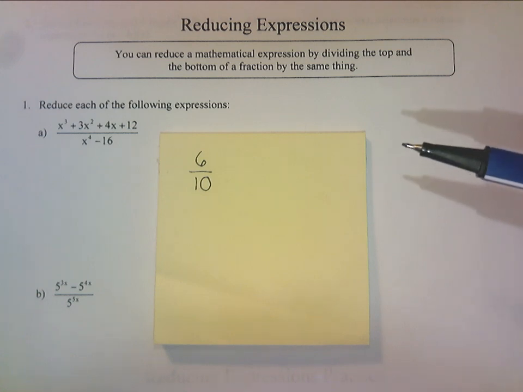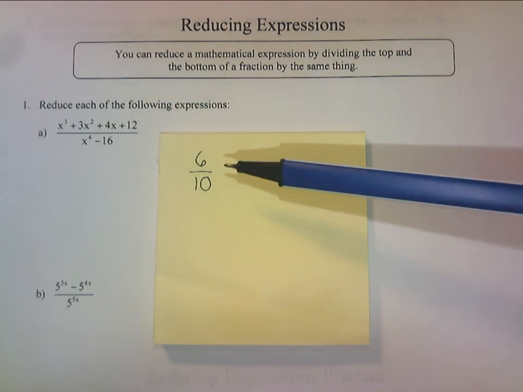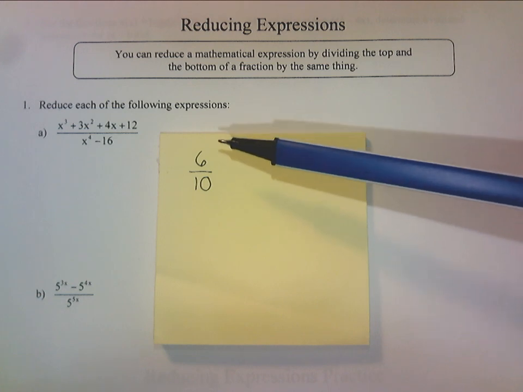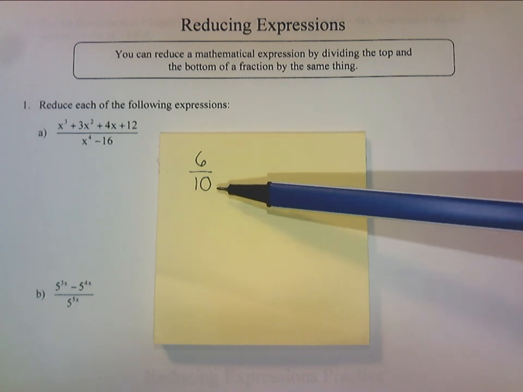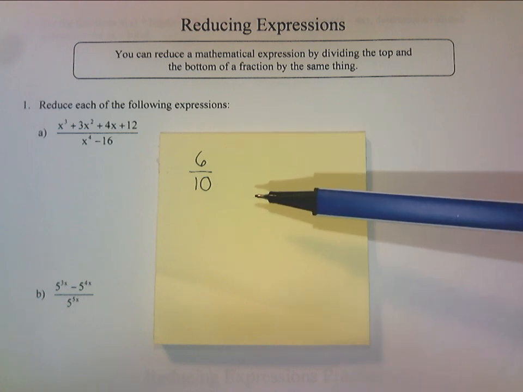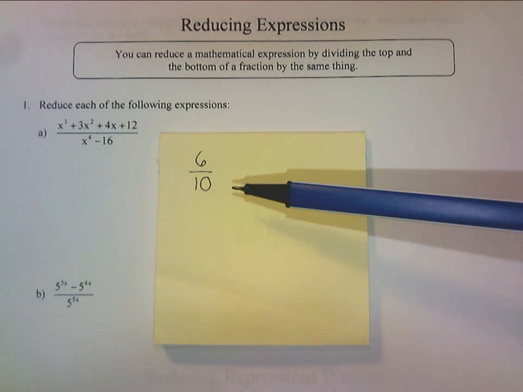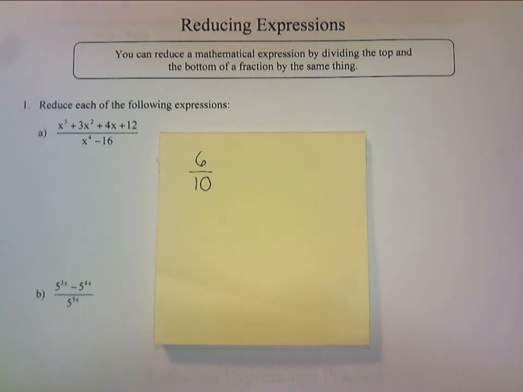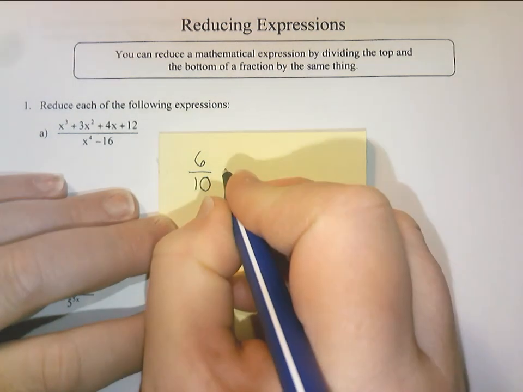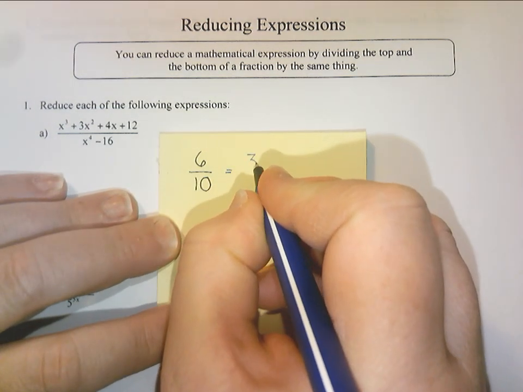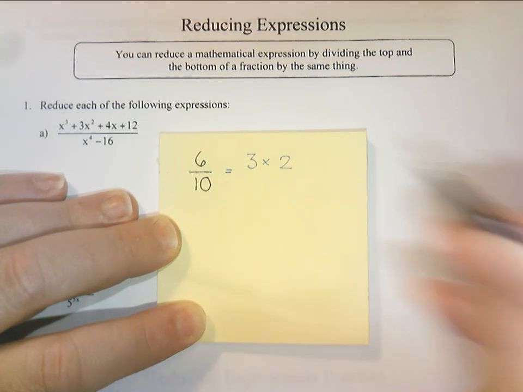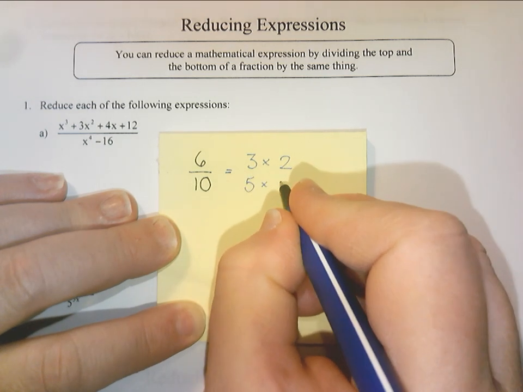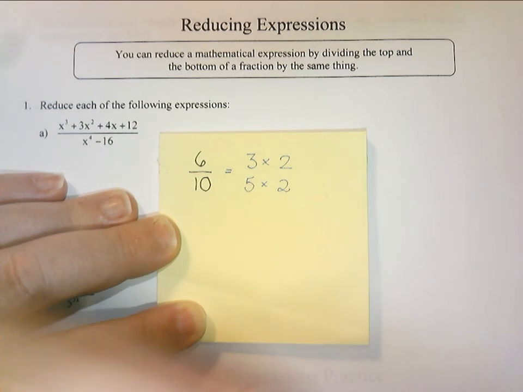Now, before I do that with algebra, we're going to take a look at how to reduce a regular fraction. The fraction 6/10 can be reduced by dividing the top and bottom by what they have in common. So 6 and 10 both divide by the number 2. I could rewrite this as 3 times 2 over 5 times 2, since 6 is 3 times 2 and 10 is 5 times 2.